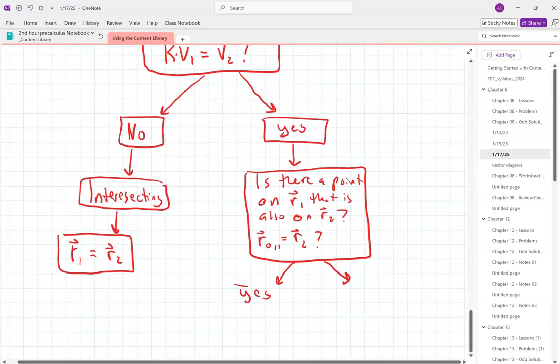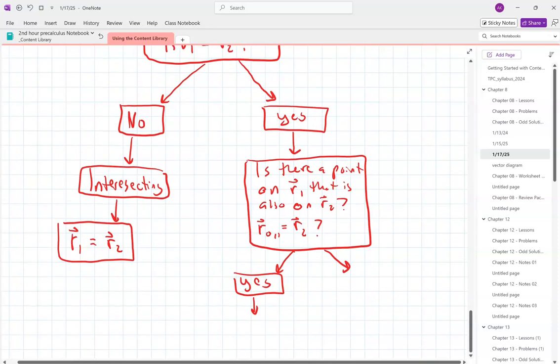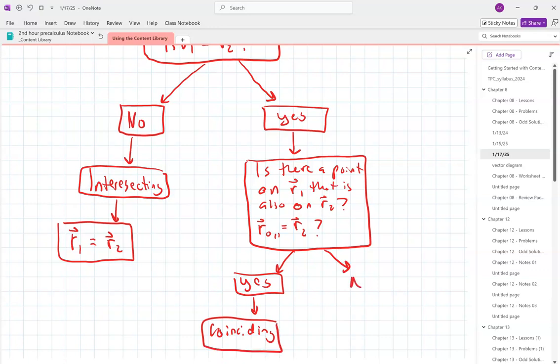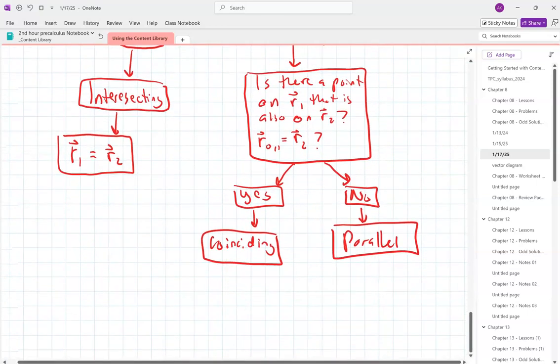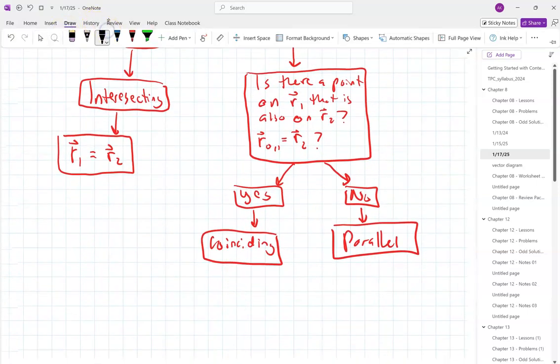So if it's yes, they're coinciding. If it's no, then they're parallel. So let's go through and do some specific numeric examples where I use this diagram to help me sift my way through. Sound good?